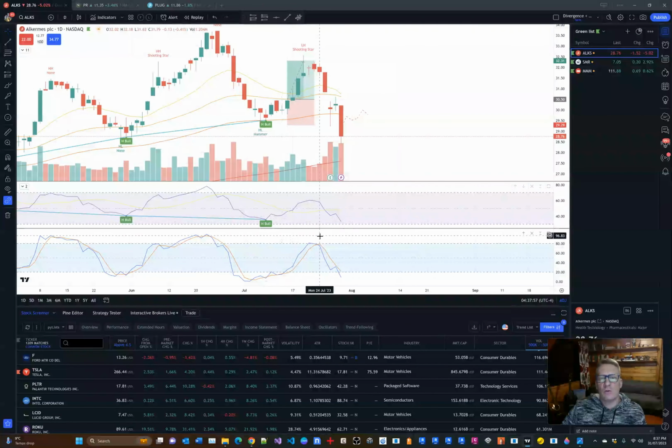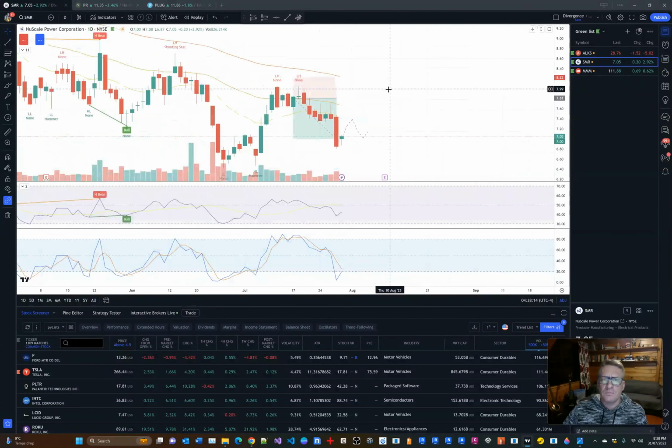And if we're going to do the opposite, if we're going to go into a short trade, then we would want the stochastics to be above a value of 70. Ideally 20 and 80, but it's good enough for me if it's below 30 for going long or above 70 for going short. Here was another one from the last week, and you can see SMR, and this one I decided to go short.